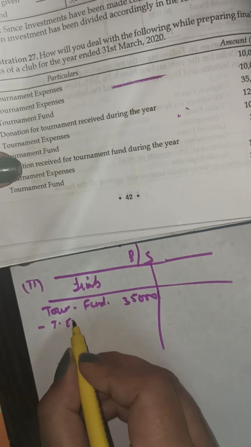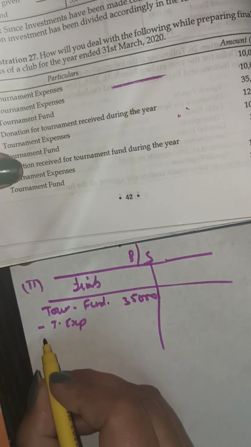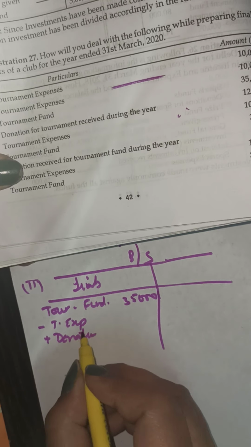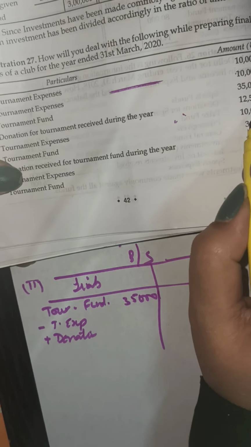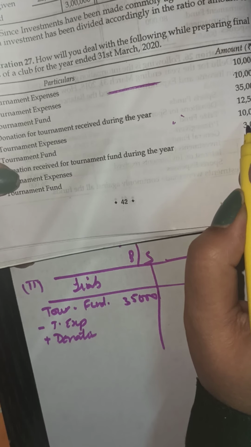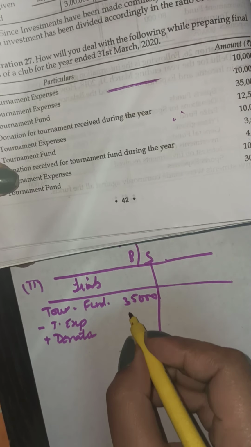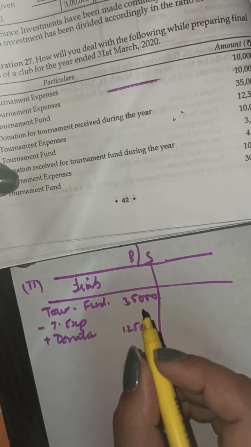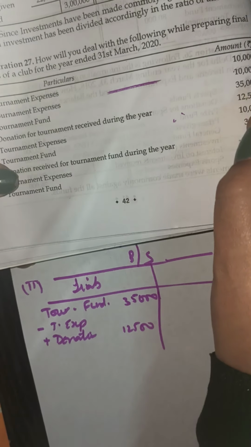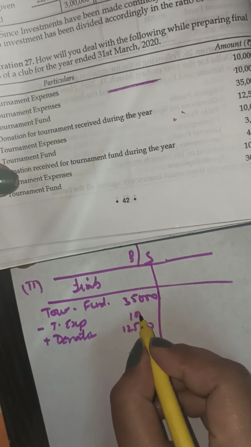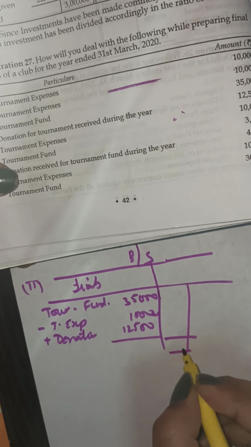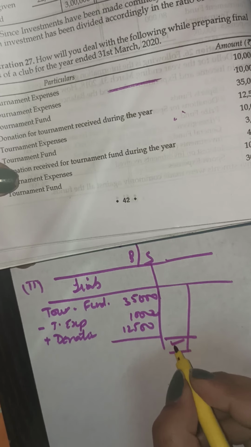The tournament expenses will be subtracted, and donation for tournament fund will be added. Donation for the fund, that is 12,500, will be added to that. So 35,000 plus 12,500 minus the tournament expenses of rupees 10,000. This is the net amount that will be shown here on the liability side of the balance sheet.